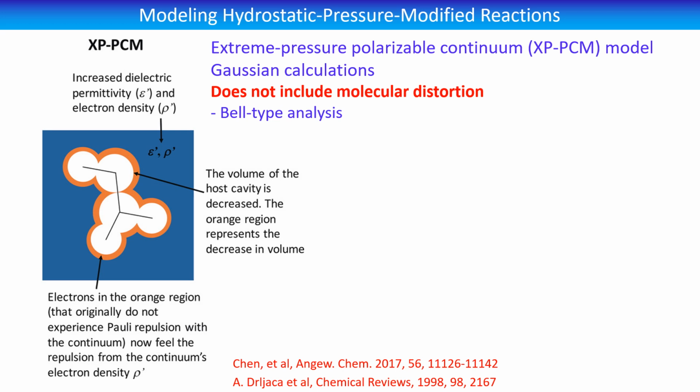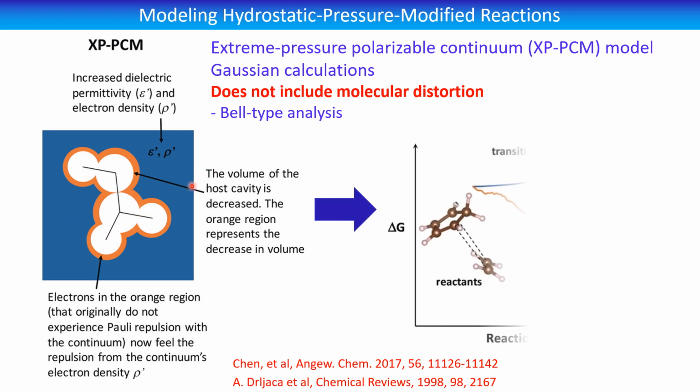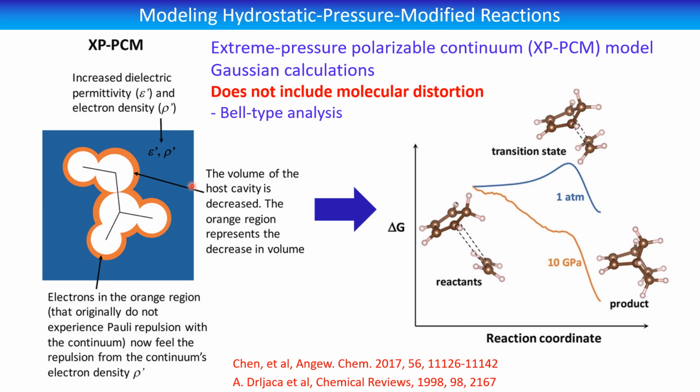We used a method that had been developed previously by Bo Chen, one of the collaborators on this paper, using the extreme pressure polarizable continuum model. So the solvent is modeled by a continuum, and the reacting ensemble is enclosed in a van der Waals cocoon, and the pressure is exerted by compressing the reacting system.